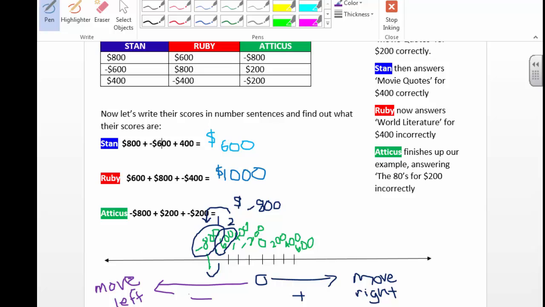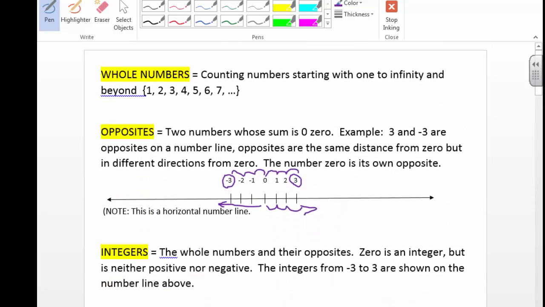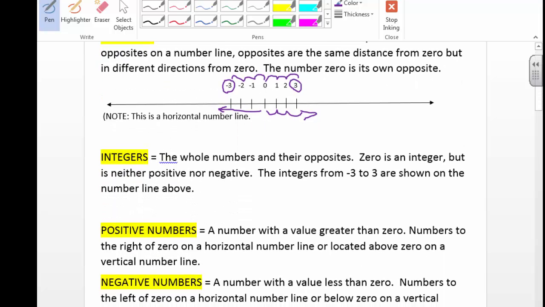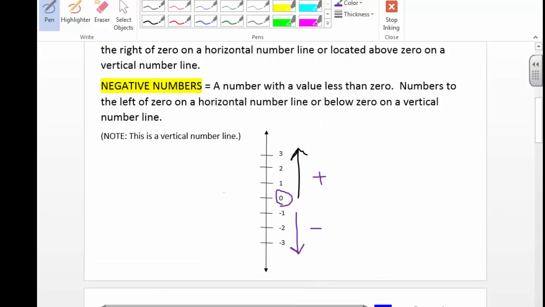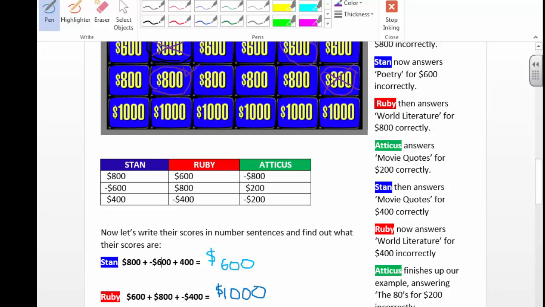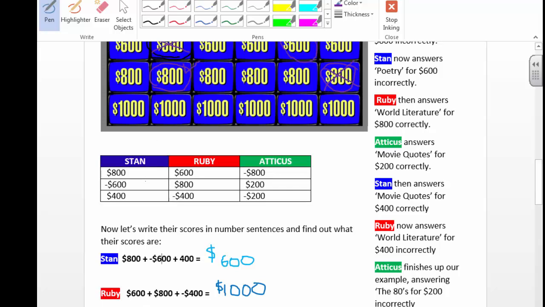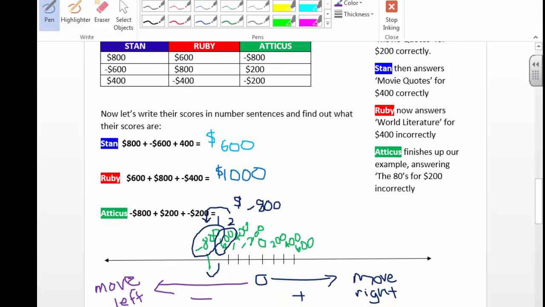So remember the words we went over: whole numbers, opposites, integers, positive numbers, negative numbers, how to use a vertical number line, how to use a horizontal number line, and how to put things in order on a table, and then how to write that information in number sentences so you can find out a total. I think you're going to do it. Go for it.